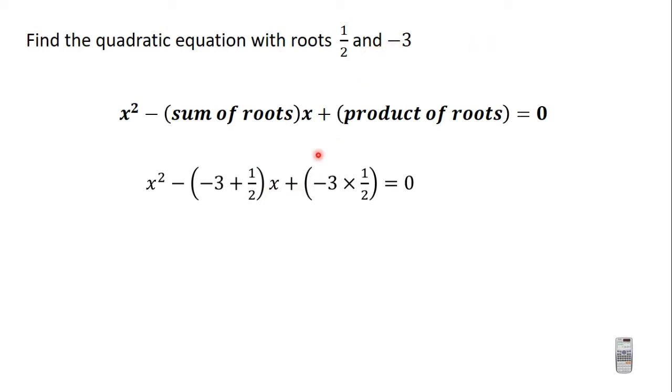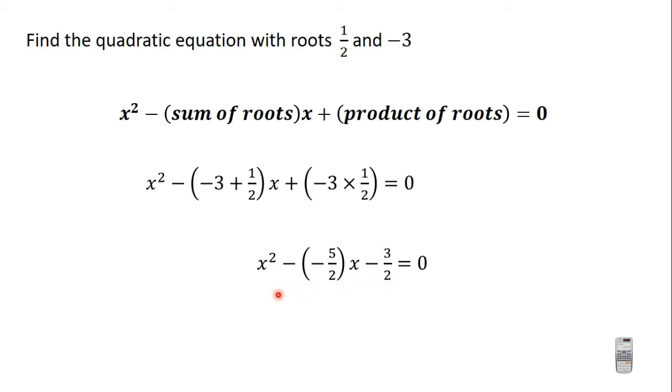So we multiply the roots. -3 times 1 divided by 2 is equal to 0. Okay. -3 plus 1 divided by 2 gives us -5 divided by 2. And -3 times 1 divided by 2 gives us -3 divided by 2.